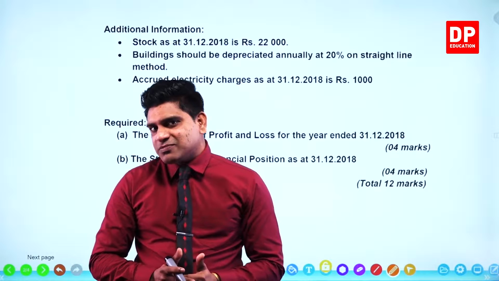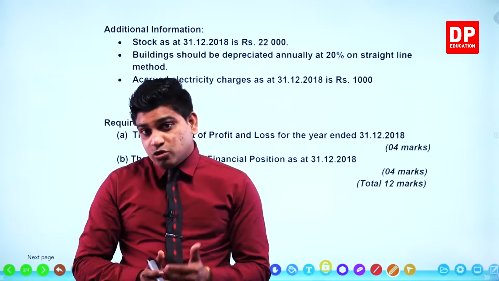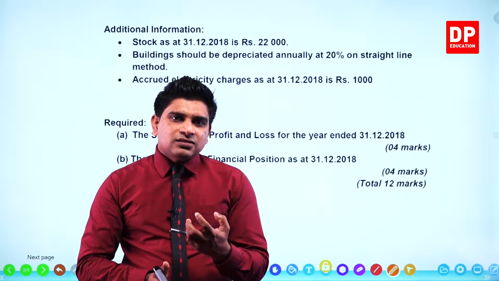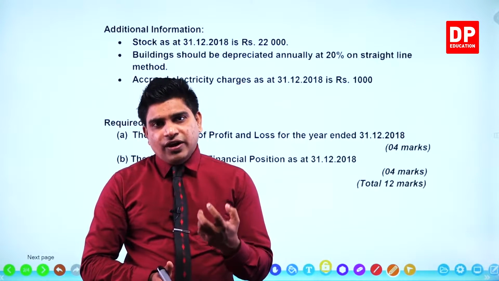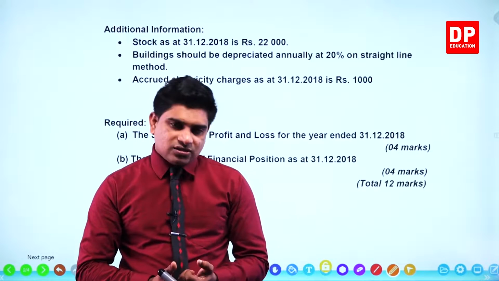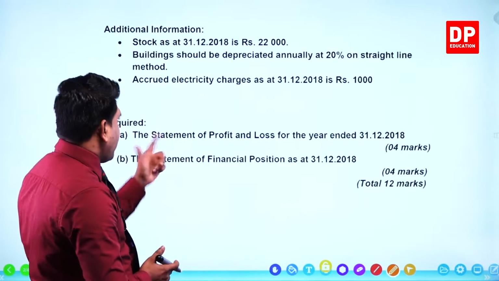Think twice. Do you remember? It goes to calculate cost of sales and to the statement of financial position under current assets. You remember, when we do the question, we record it there.